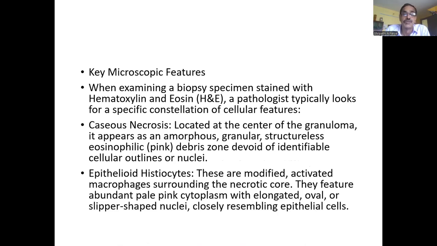Epithelioid histiocytes: these are modified, activated macrophages surrounding the necrotic core. They feature abundant pale pink cytoplasm with elongated oval or slipper-shaped nuclei closely resembling epithelial cells.